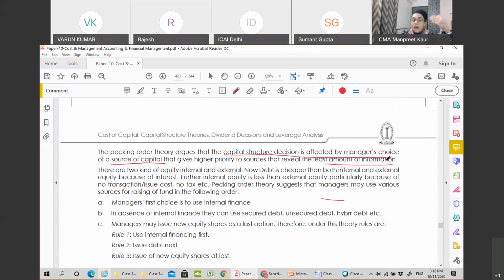Pecking theory argues that our capital structure decisions are affected by the manager's choice, because it is not necessary that every manager has complete knowledge. It gives priority to the sources that reveal the least information. There are two kinds of equity, internal and external. Debt is cheaper than both internal and external because of interest.